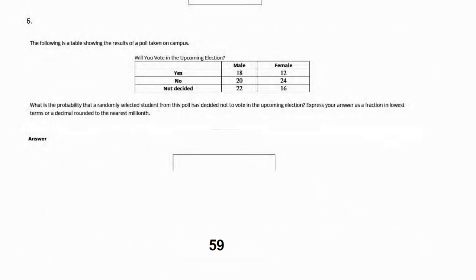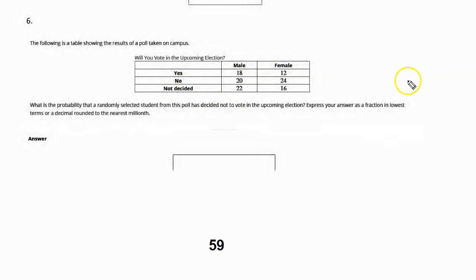Now, often in these, you're asked to do some kind of tabulation. Here's a table of people that are on campus, and in regard to the survey, they were asked whether they would vote in the upcoming election. Well, for yes, males, females.